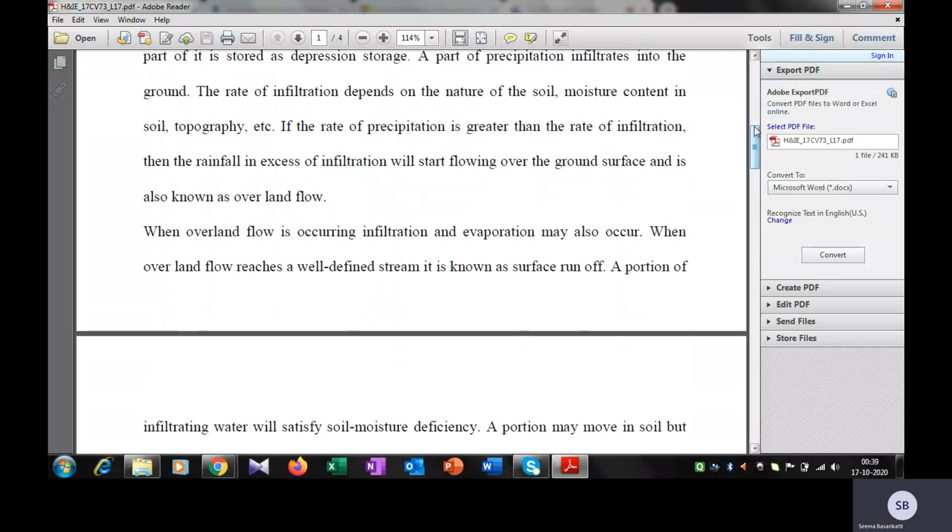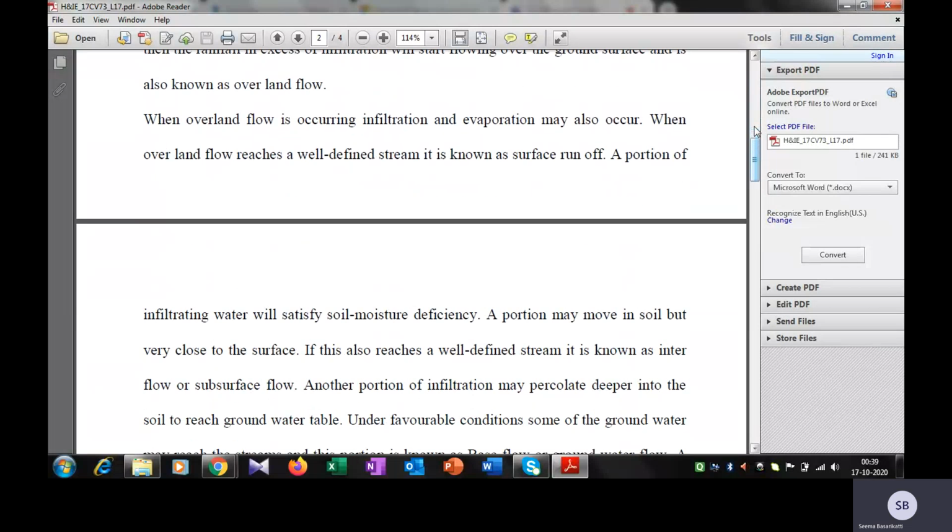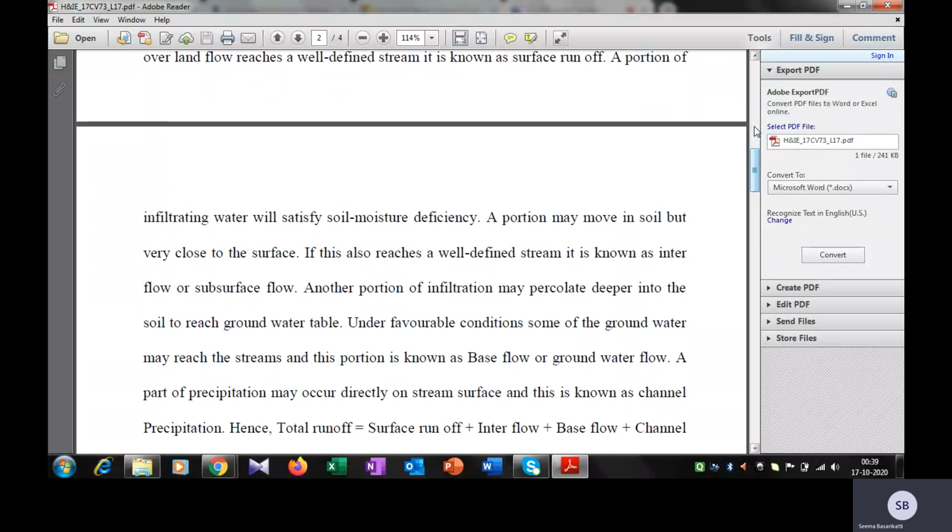A portion of infiltrating water will satisfy soil moisture deficiency. A portion may move in soil but very close to the surface. If this water reaches a well-defined stream, it is known as interflow or subsurface flow.